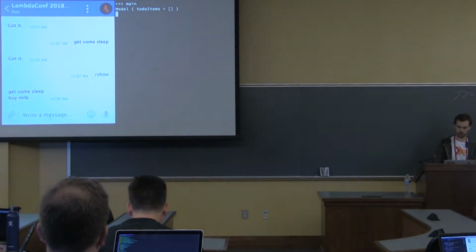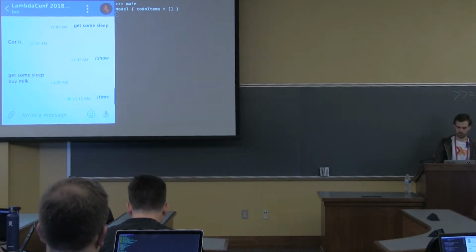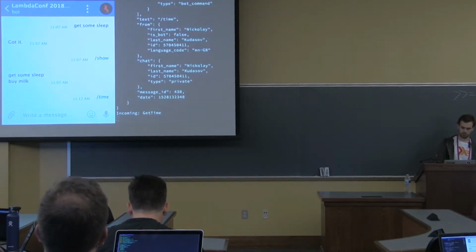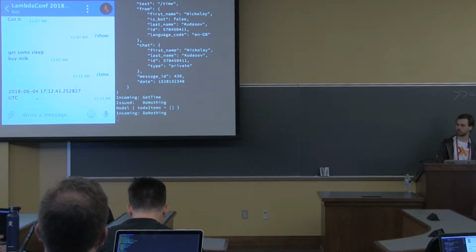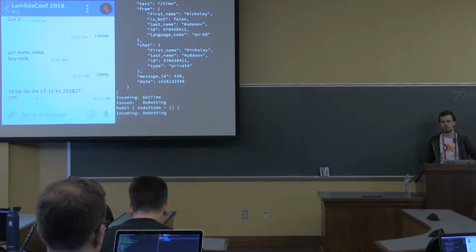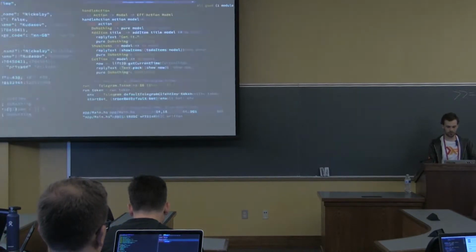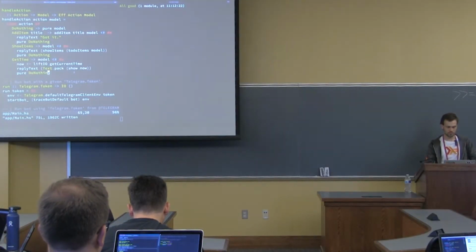If we run the bot and ask it for time, it should display the current time in UTC. Okay, so it's not really hard except for two extra imports because we didn't have any I/O before or time management.